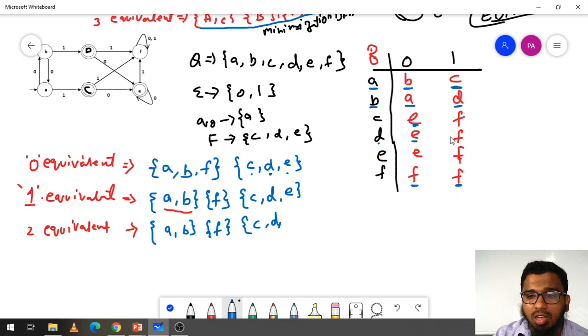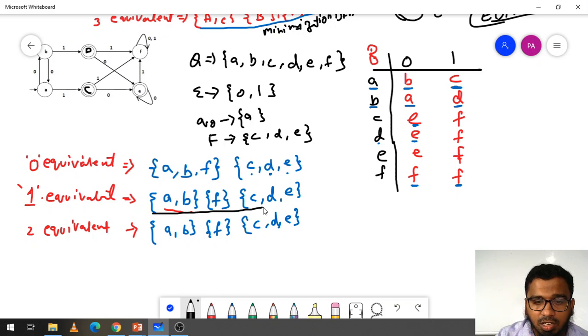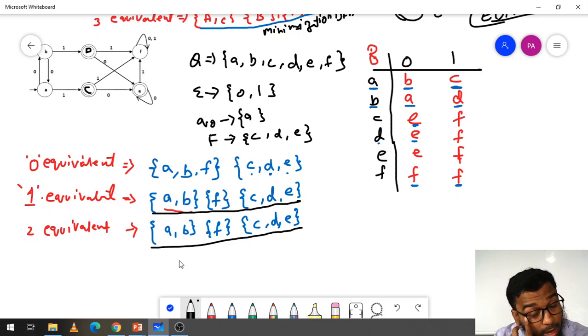D on 1 goes to F, E on 1 goes to F. That means CDE is two equivalent. Now you can check: this and this are the same. Whenever we get the same, you need to stop here. So here we stop, and this is the new state we got. What is the new state now?